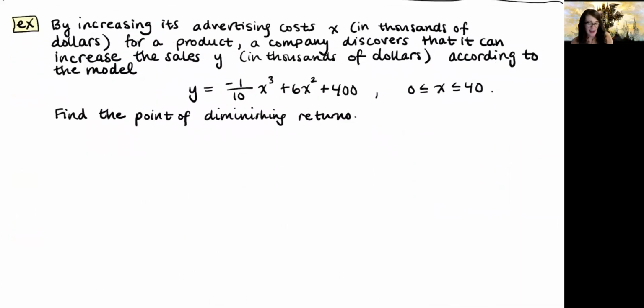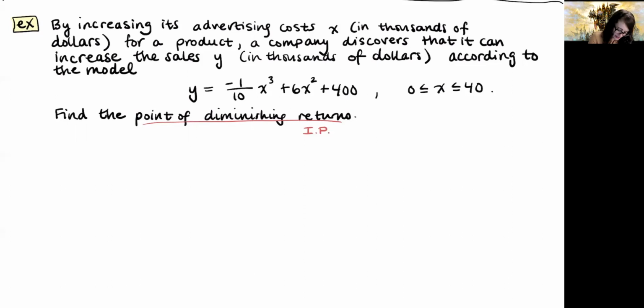By increasing its advertising costs x, which is measured in thousands of dollars, for a product, a company discovers that it can increase the sales y in thousands of dollars. According to this model, y equals -1/10 x^3 plus 6x^2 plus 400. And this is only valid between 0 and 40 for x. We want to find the point of diminishing returns. So this is the inflection point.